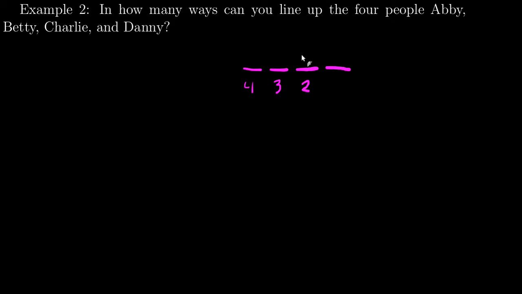And then once I have the first 3 people filled in, the last spot only has one choice. And I'm choosing this and this and this and this, and usually it becomes a multiplication problem. We get to 24. But since there are 4 distinct objects or elements here, I could have just done 4 factorial, which is equal to 24.